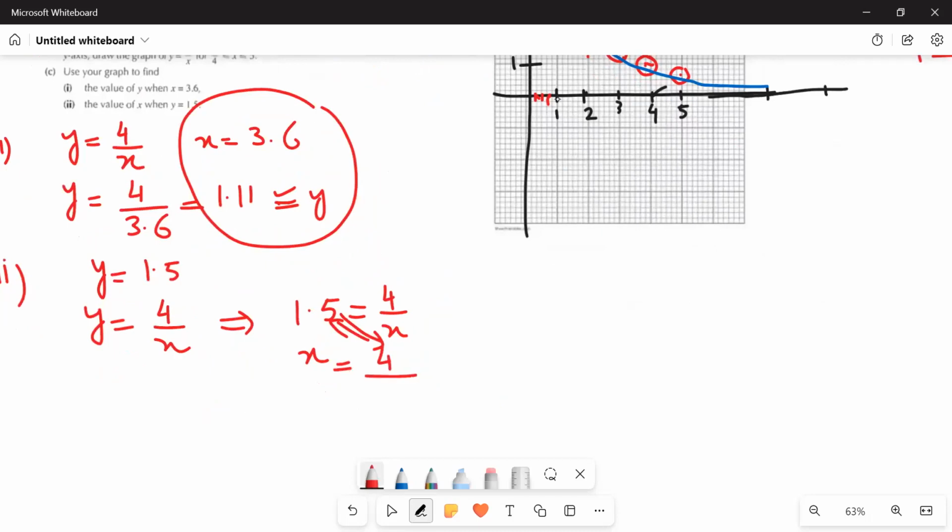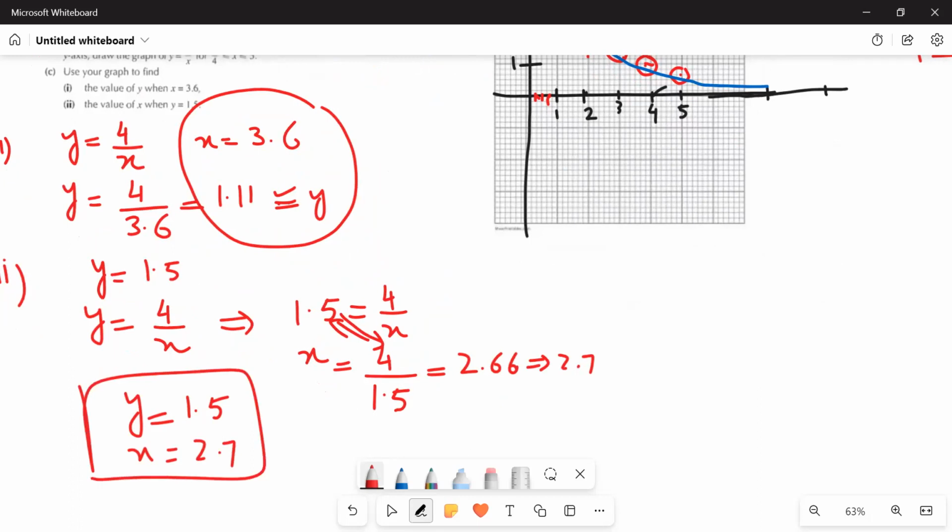So it is 4 over 1.5. Now 4 divided by 1.5 is 2.667, or you can write it as 2.7. Now here the point is y is 1.5 and x is 2.7. These 2 points we have to draw now on the graph.